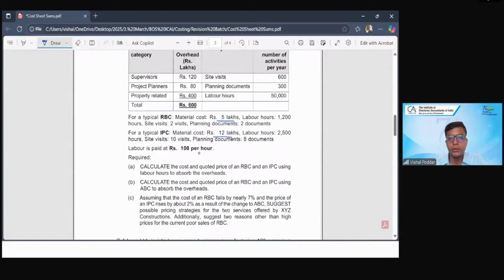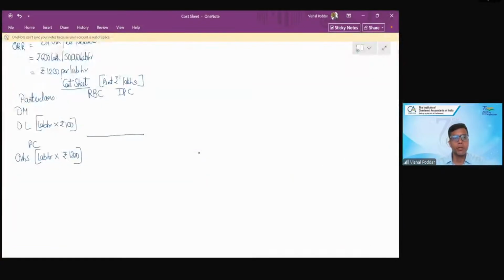Material cost 5 lakhs, 12 lakhs. Labor hours 1200, 2500. So here this 1200 is multiplied by 100 to find out labor cost.